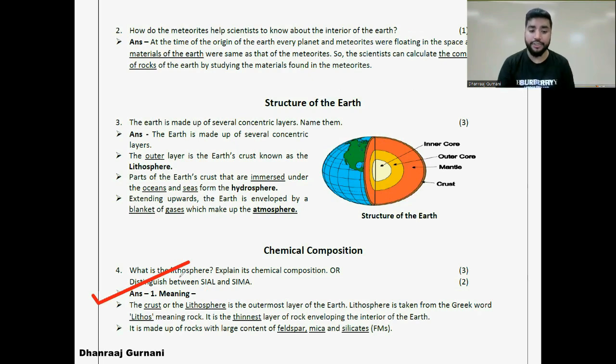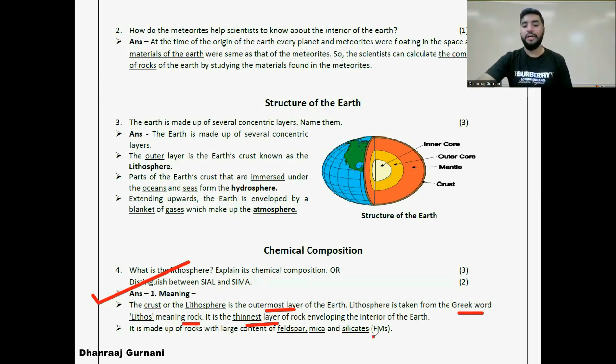The meaning: the crust or lithosphere is the outermost layer of the earth. Lithosphere is taken from the Greek word lithos, which means rock. It is the thinnest layer of the rock enveloping the interiors of the earth. It is made up of rocks.